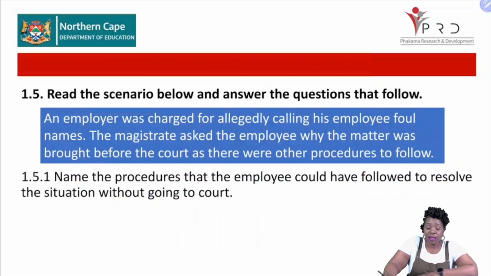The magistrate asked the employee why the matter was brought before the court, as there were other procedures to follow. Right? So they called each other foul names to an extent that they ended up taking each other to the court. So our question 1.5.1 says, name the procedure that the employee could have followed to resolve the situation without going to court.